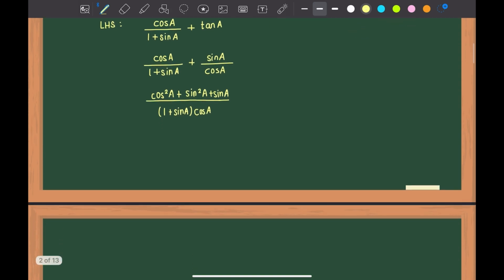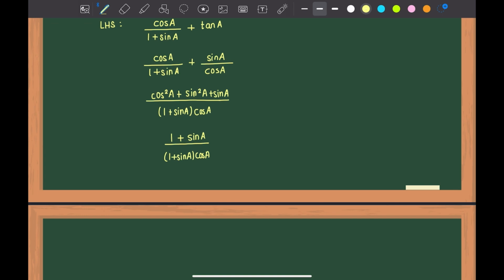So we will be writing 1 plus sine A whole divided by 1 plus sine A and cos A.